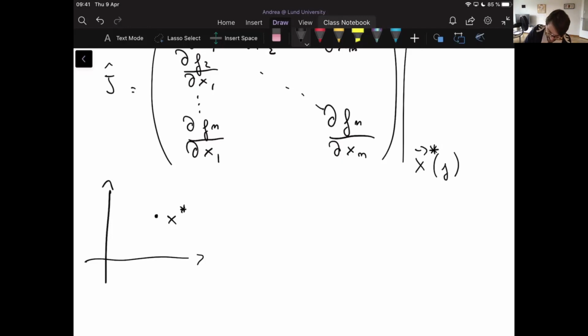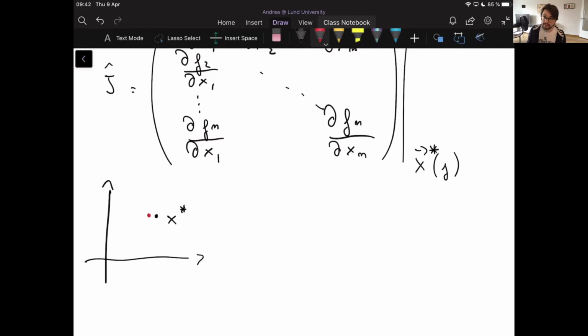I want to understand what happens if I consider another point. If I calculate my map at the fixed point, by definition it stays at the fixed point, but if I put it a little bit away from the fixed point, what happens? Will it go towards the fixed point or go away? And if it does go away, there is an additional layer of complexity.